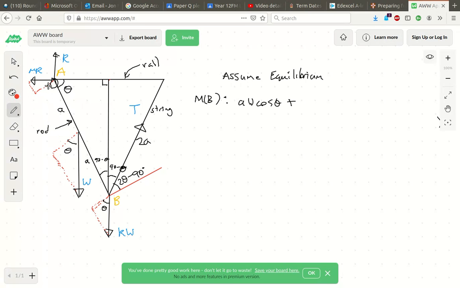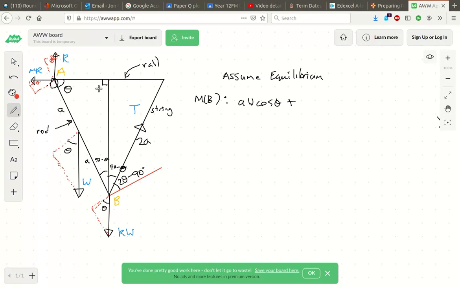Well, if that's theta, that's 90, so that's 90 minus theta. So this bit here is theta. And likewise for this R, that's parallel, that's perpendicular. That's theta. You'd have 90 minus theta there, theta up there. And so we're going to have 90 minus theta here, and therefore theta up here.